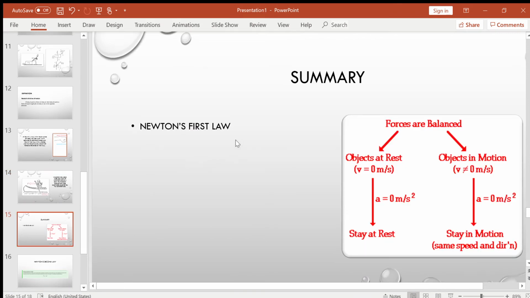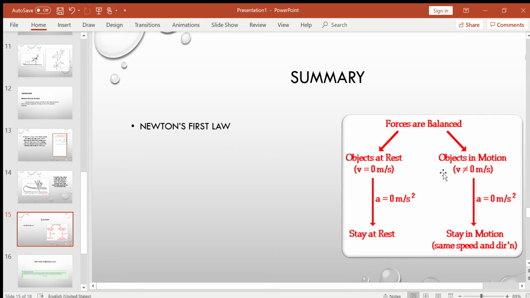So in summary, I would briefly talk about these three laws again. The first law is about balanced forces, and the object might be in two different situations. Firstly, the object might be at rest, which means the velocity is equal to 0 meters per second and the acceleration is equal to 0 as well, and it stays at rest.